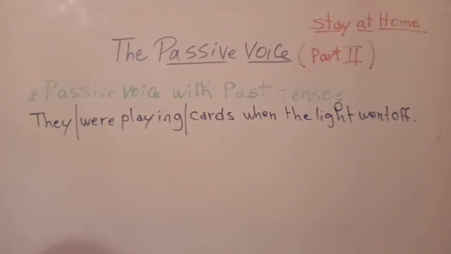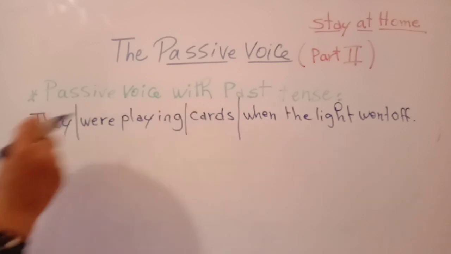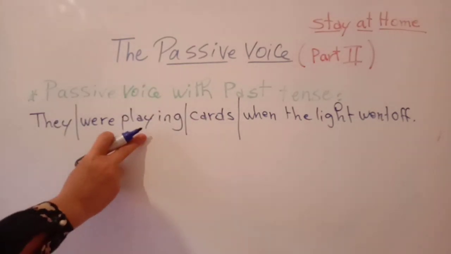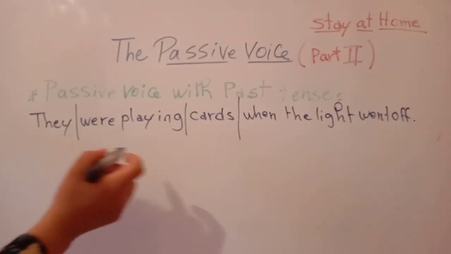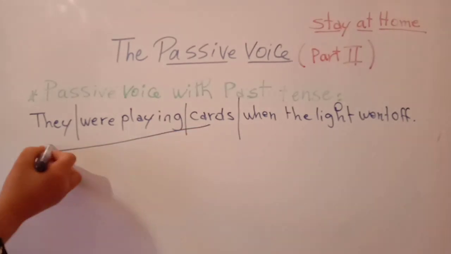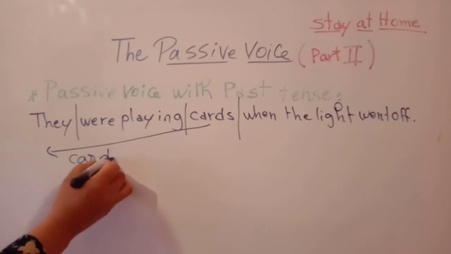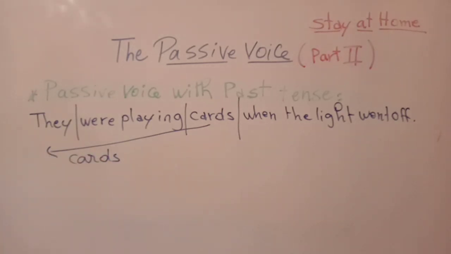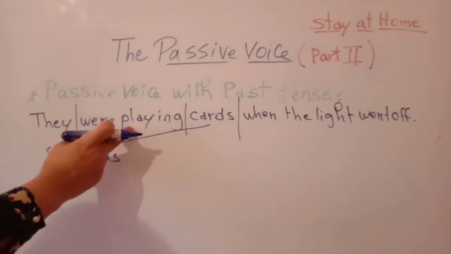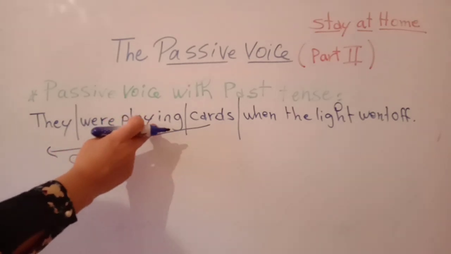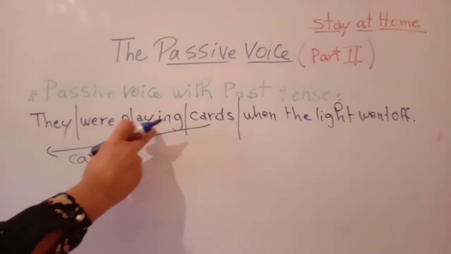What is the object? It's cards. Then we stop. Subject, verb, object. So the object becomes subject. Cards. Let's focus now on the verb.